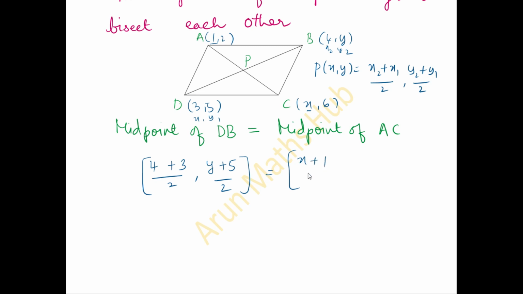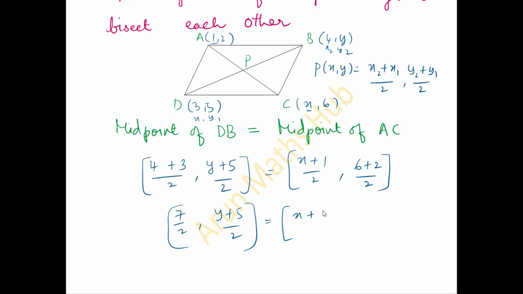That is, (7/2, (y + 5)/2) equals ((x + 1)/2, 8/2).